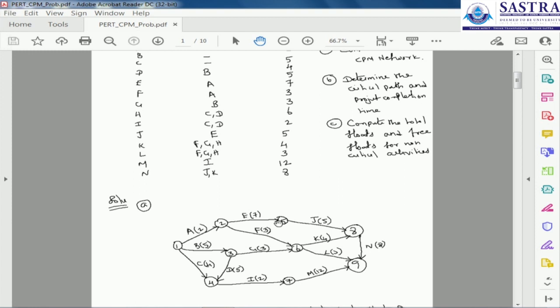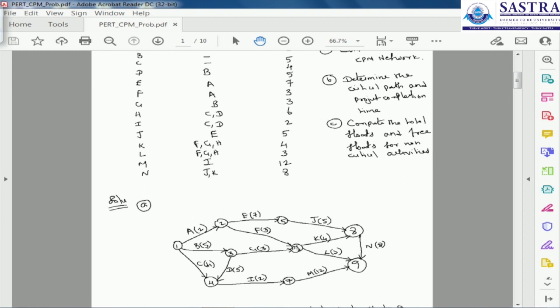One more activity, F, also comes from predecessor A, that is from node 2. So we draw another node, node 6, and draw the line to it.